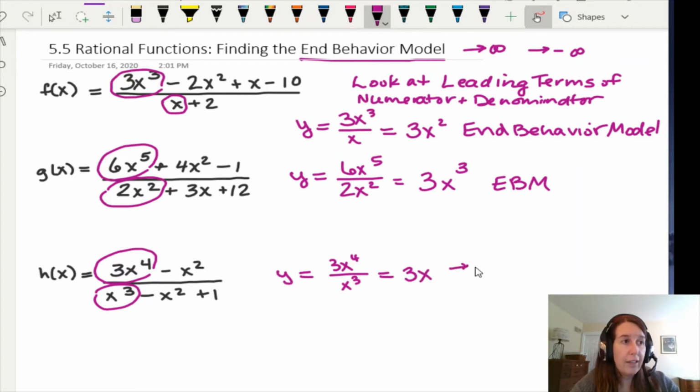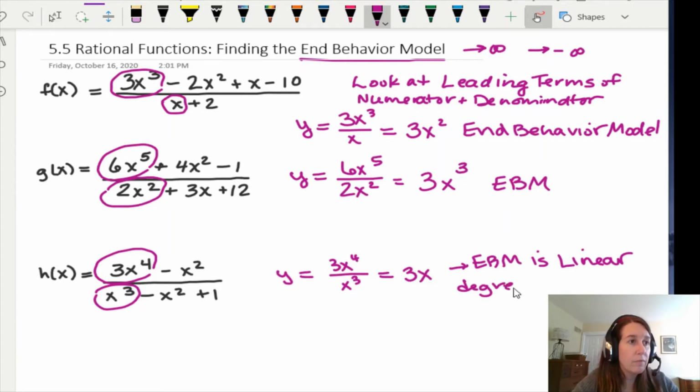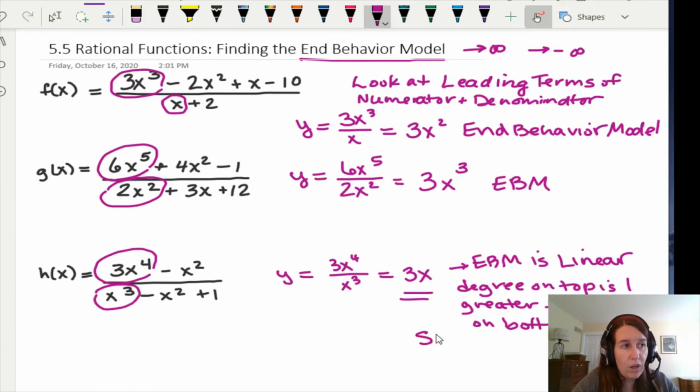Notice that the EBM is linear, and that is because the degree on the top is exactly 1 greater than the degree on the bottom. In this case, this is what's called our slant or oblique asymptote. And we're going to need to do a little bit more work on it.